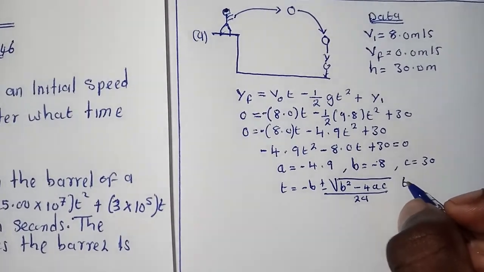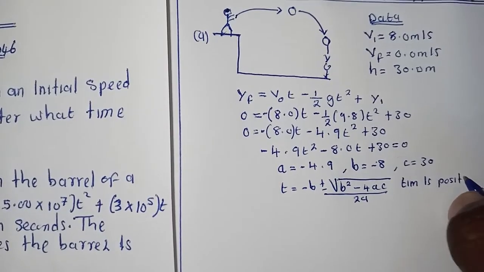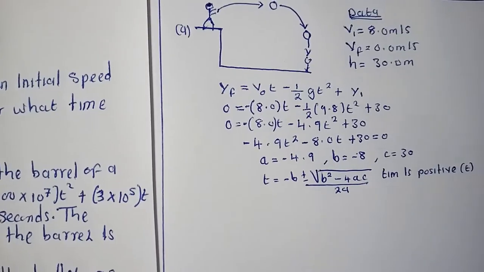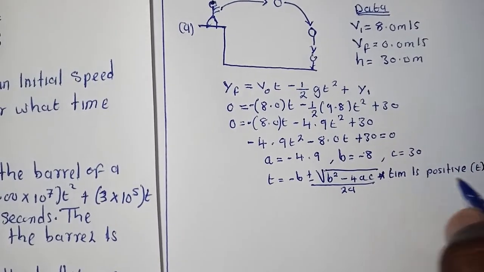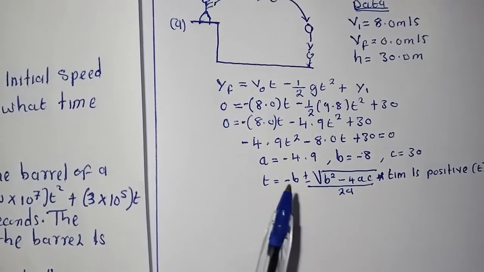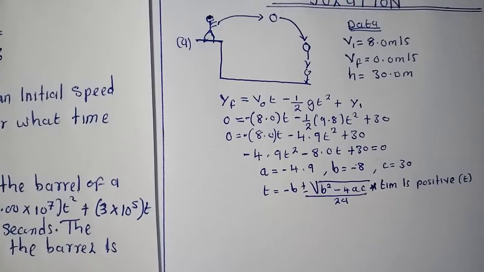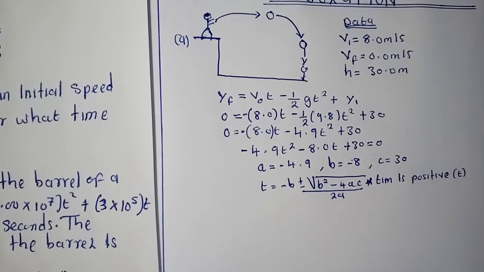So time is positive t. That's your time. So you take note of this. When you do the needful, you use this to find two values of t. The one which gives you positive is the answer. So this is just how simple the first question is.